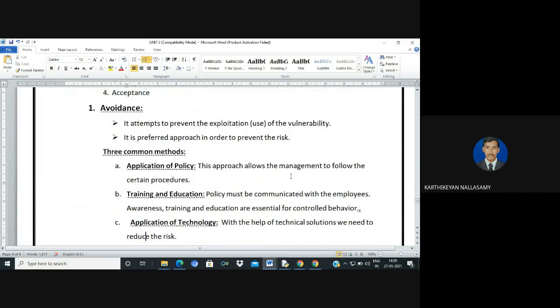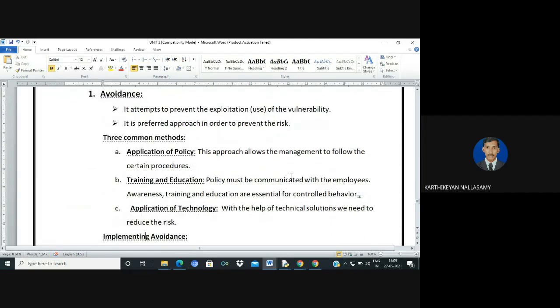With the help of policy, providing different kinds of training and education to the employees, and also knowing the application of technologies, we try to avoid the use of confidential information or materials inside the organization.